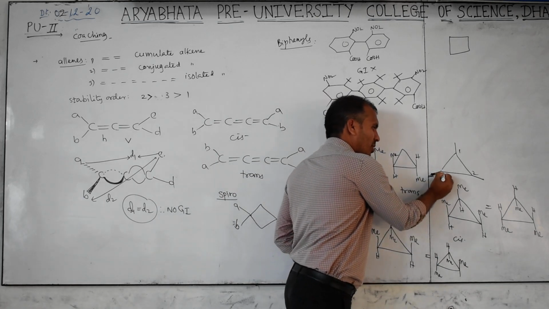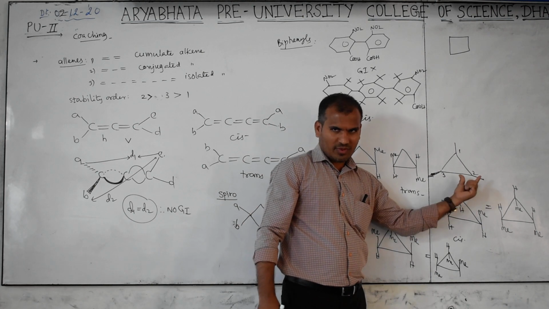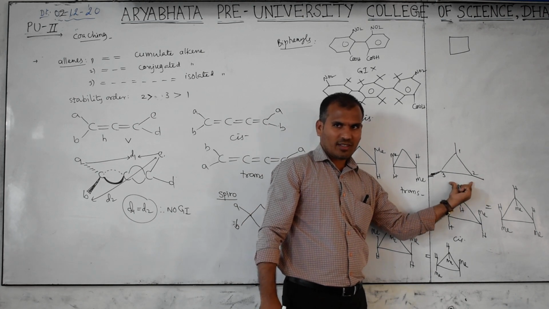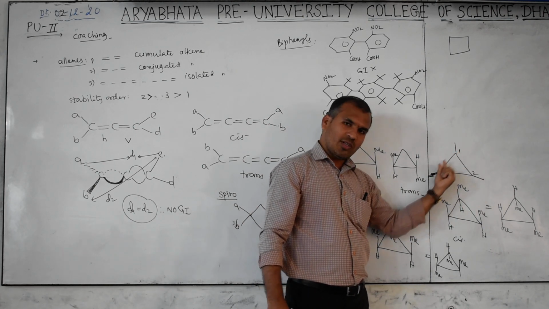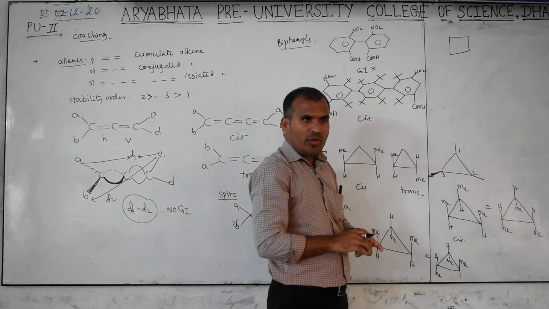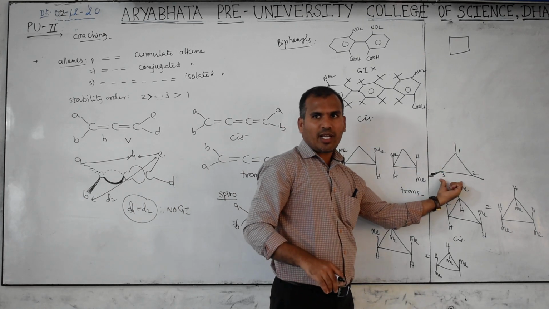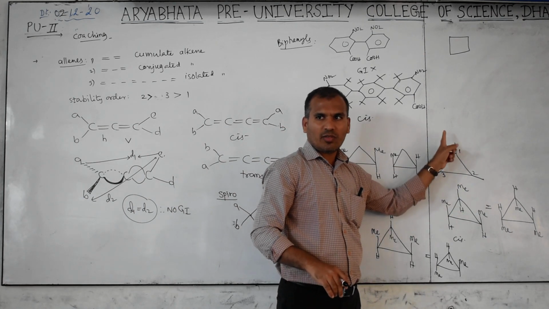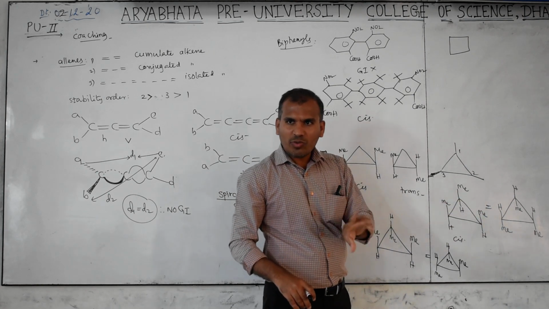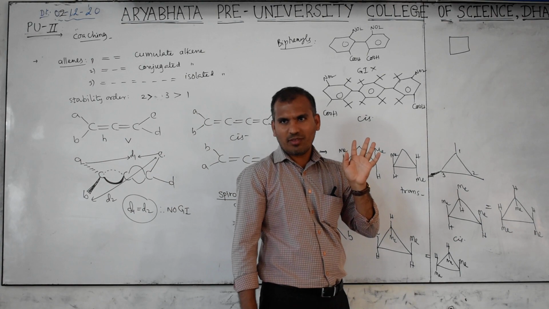If you give numbers, then these are 1-2 relation, not 2-3 relation. These are 1-2 relation. Again, this is not 1-3 relation, this is 1-2 relation only. Numbering is counted clockwise, but when you take the 2 atoms, this is 1, this is 2. If you take these atoms, then this is 1, this is 2. Then 1, 2 only. So 1, 2 only possible. One cis possible, another trans possible.